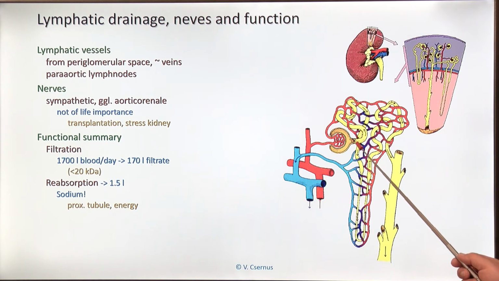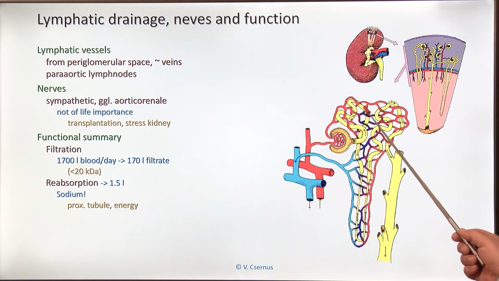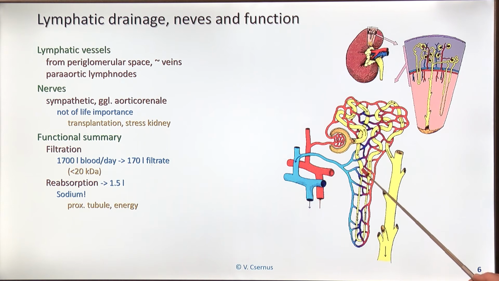So in the proximal tubule, especially the sodium gets back, some other things also, but this is the most important thing. What will be the consequence of that? The filtrate will be more and more diluted because the sodium is getting out, and in the blood vessel around the proximal tubule there will be a more and more concentrated sodium solution, so there will be a big osmotic difference between the inside and the outside.